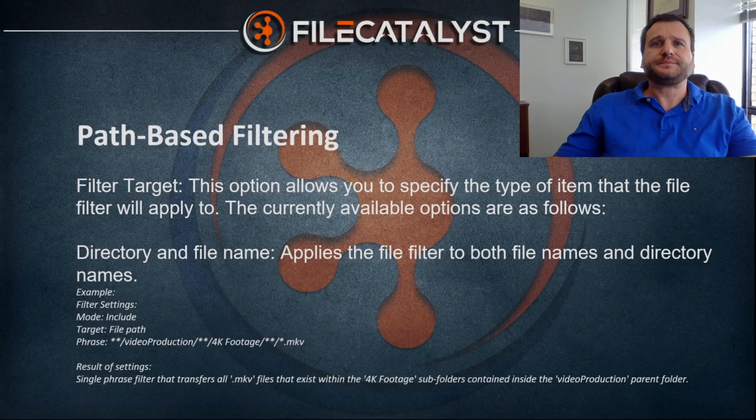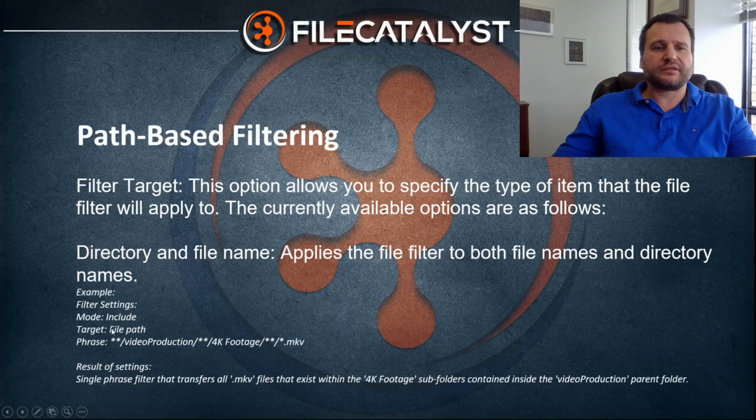So here's an example. The example I provided is actually in my other screenshot as well. You add this in your phrase target: you put file path, mode include, and phrase video production, 4K footage, star.mkv. This will result in a filter for all MKV files that exist within 4K footage subfolders contained inside the video production parent folder.